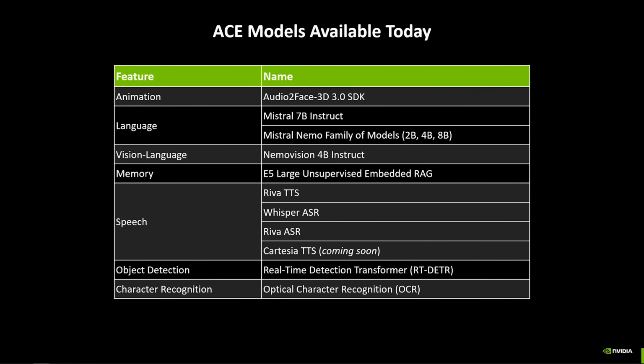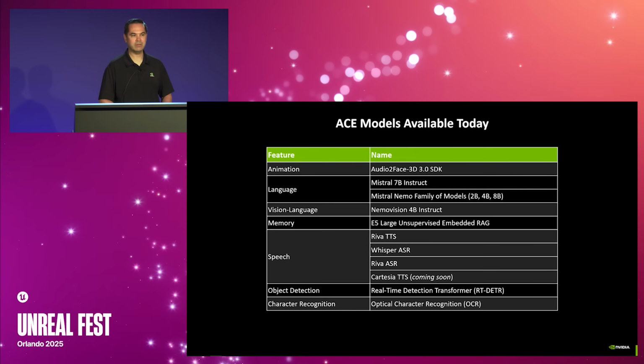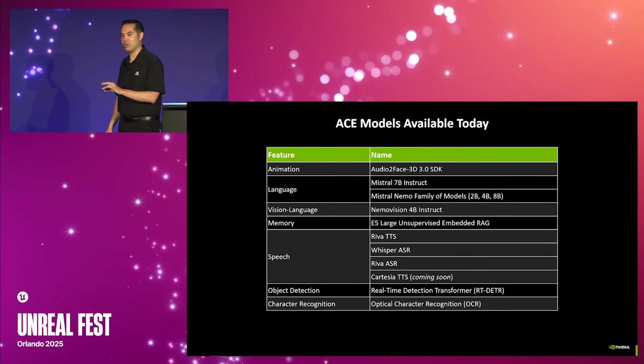For speech, we have several different models here. We have Riva text-to-speech, one of our in-house models to generate speech. This works on device. You don't have to use a cloud model. To understand ASR, which means we convert audio to text, we can use Whisper from OpenAI, which can run on either the CPU or GPU.